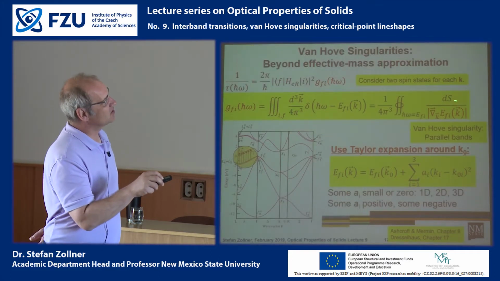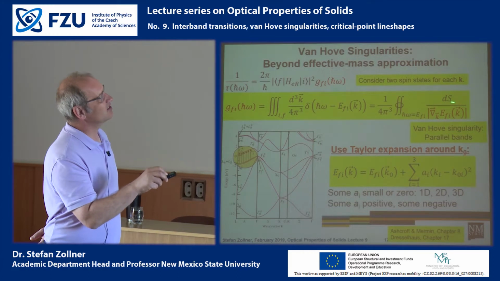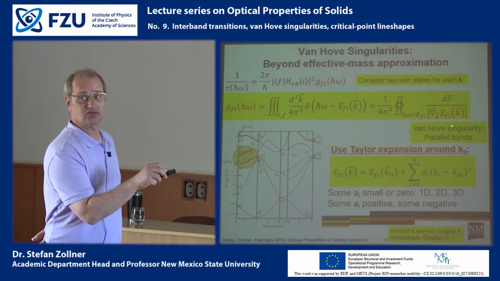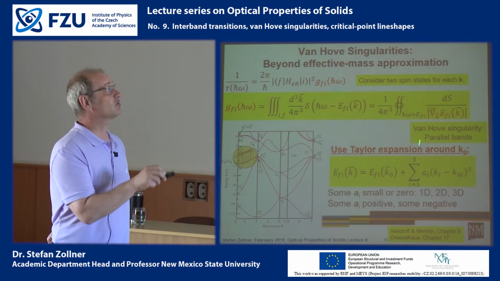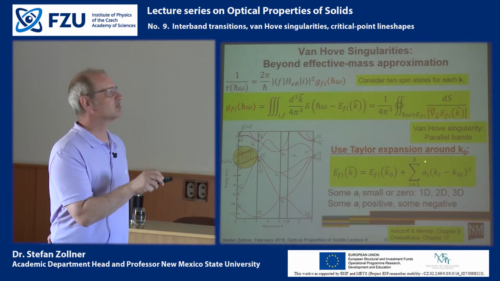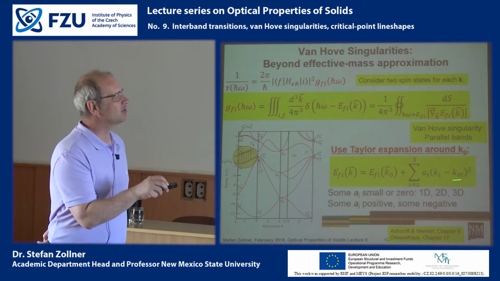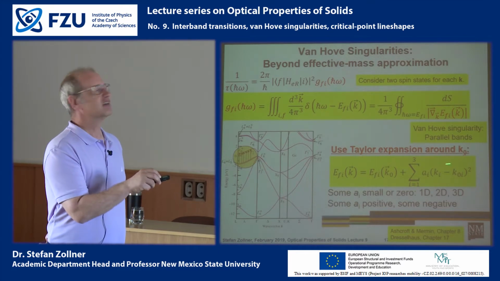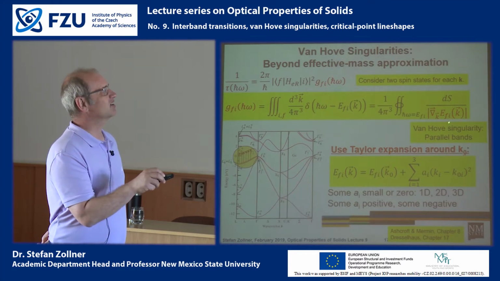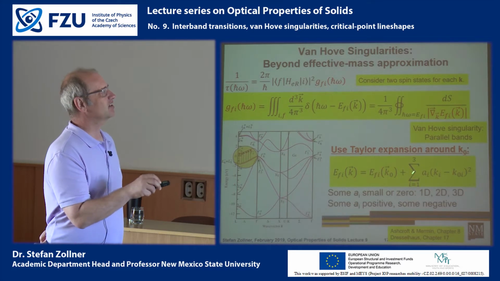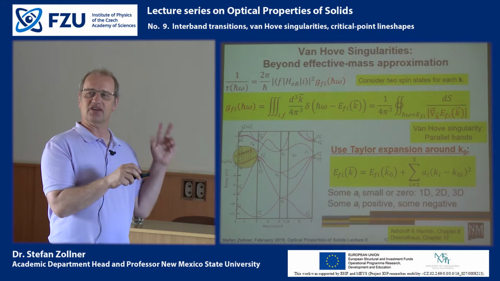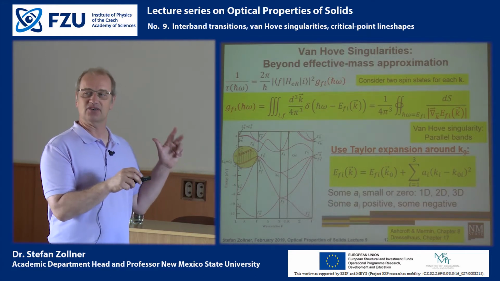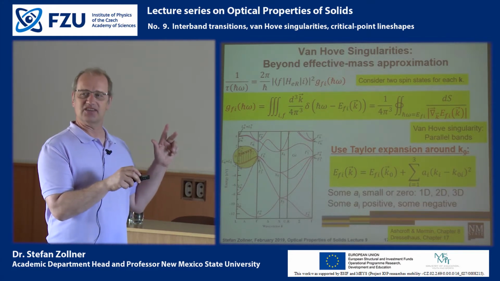Because the gradient in K-space is 0, I do a Taylor expansion where the linear term is 0. So then I'm only keeping the second term, and because it's a Taylor expansion in a three-dimensional space, I need three Taylor coefficients, A1, A2, A3, or AX, AY, AZ.